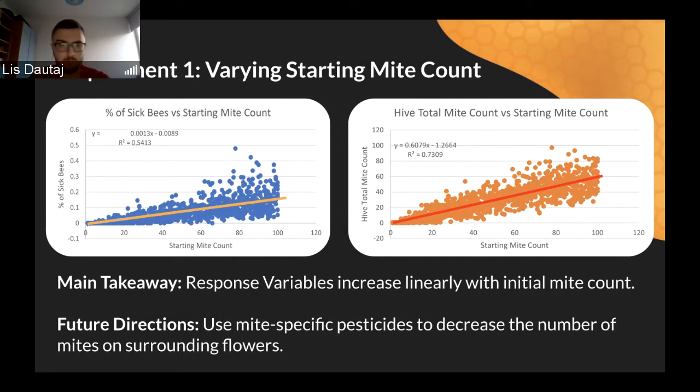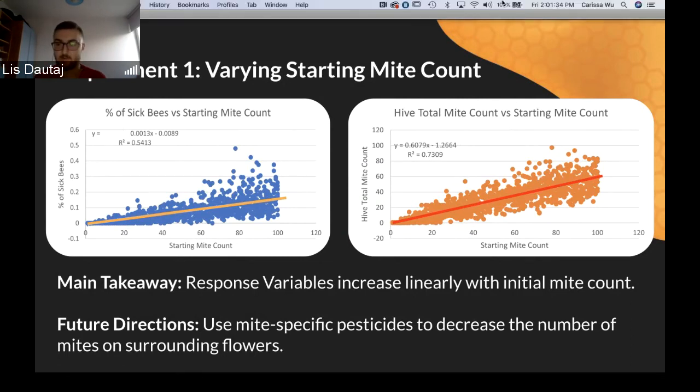One future direction we could take this is to look into the use of pesticides, which harm mites but not bees. Again, this would just affect the speed at which the population grows. It's not a very optimal solution for completely healing the hive of mites, it would just decrease the speed at which the mites grow.